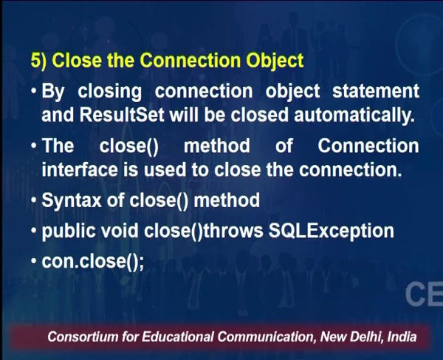The syntax is very simple: public void close throws SQLException, and if we want to close the connection which we have made in this example, we can use conn dot close.